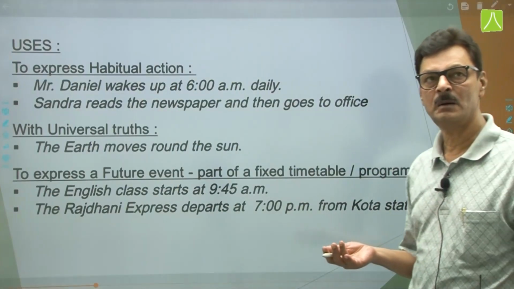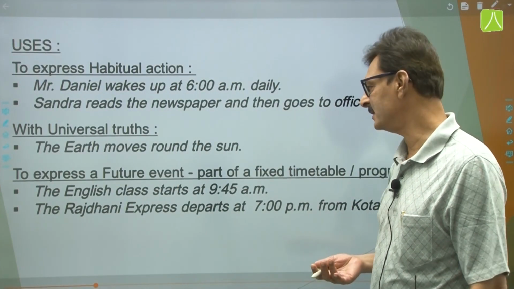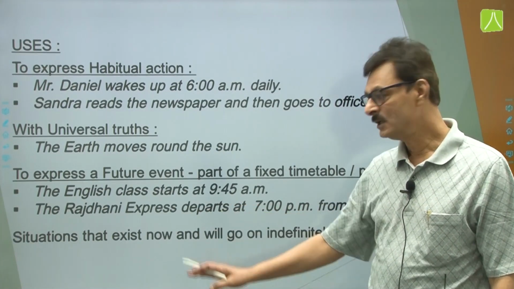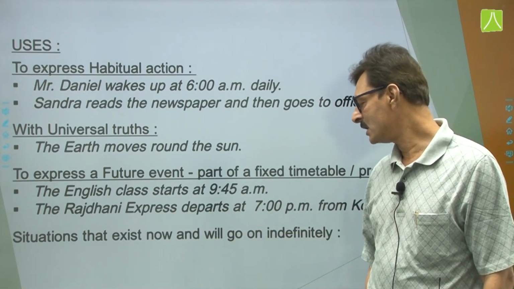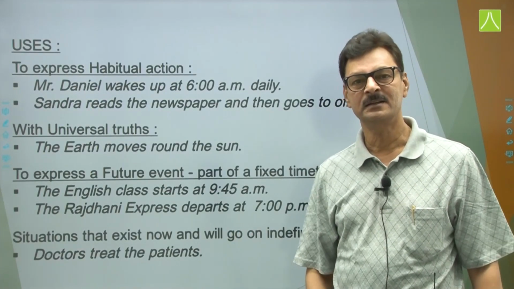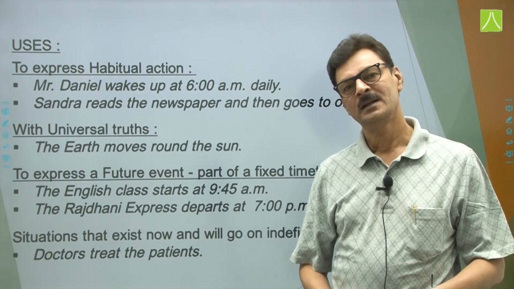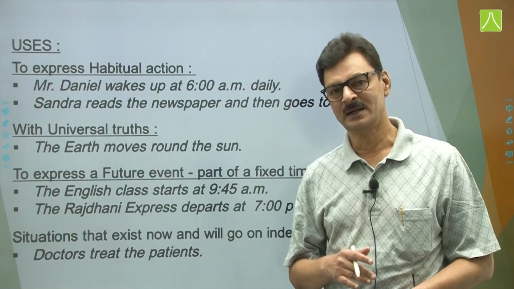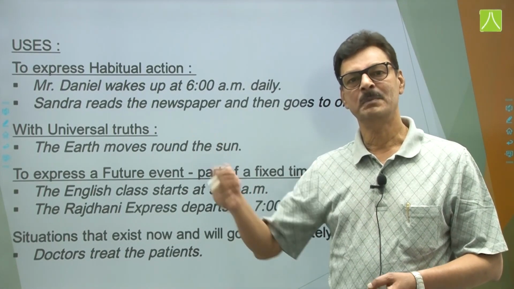So this was something about present simple tense, and we can also use it to show the situation that exists now and will go on indefinitely. Doctors treat the patients. The teachers teach the students. आज भी पढ़ा रहे हैं, कल भी पढ़ाएंगे, आगे भी पढ़ाते रहेंगे.